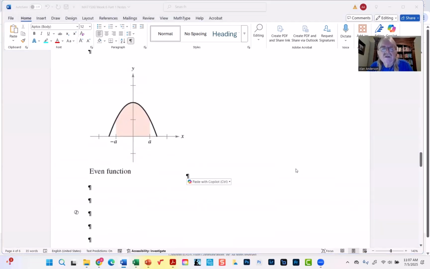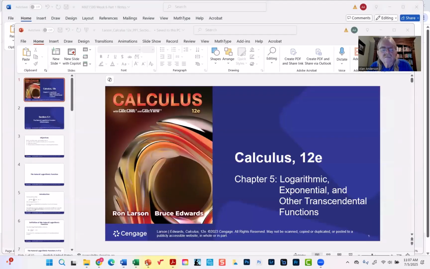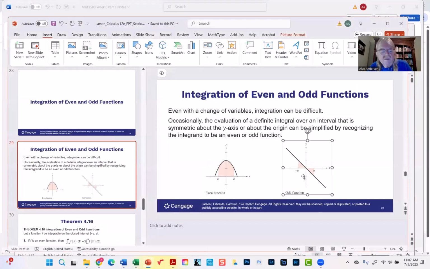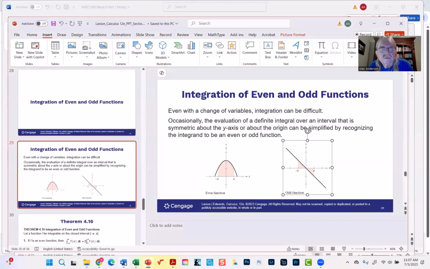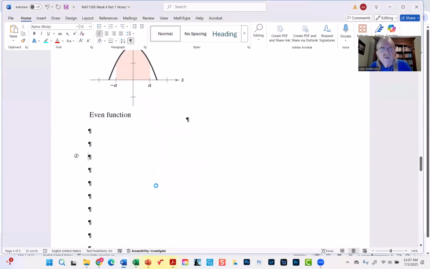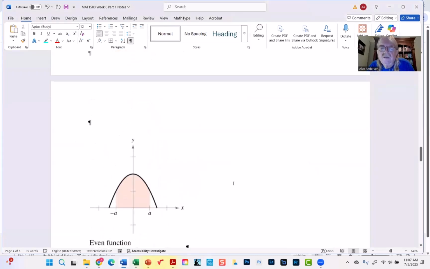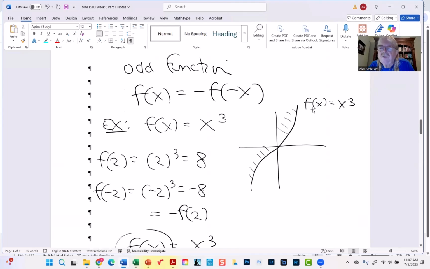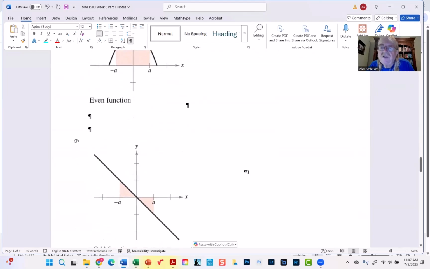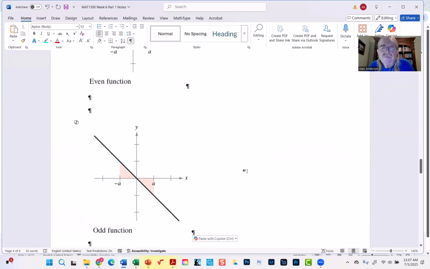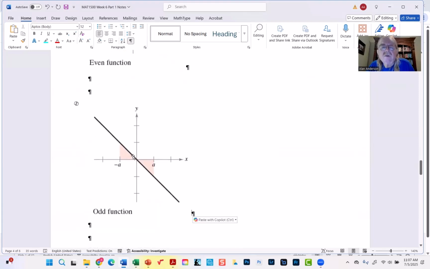And then the odd function over here has symmetry with respect to the origin, although unlike y equals x cubed, where the symmetry is between the first and the third quadrants, in this case, it's between the second and the fourth quadrants, but we still have symmetry with respect to the origin. So if we were to take the integral of this function, we're actually going to wind up with zero because the positive area and the negative area will exactly offset each other.